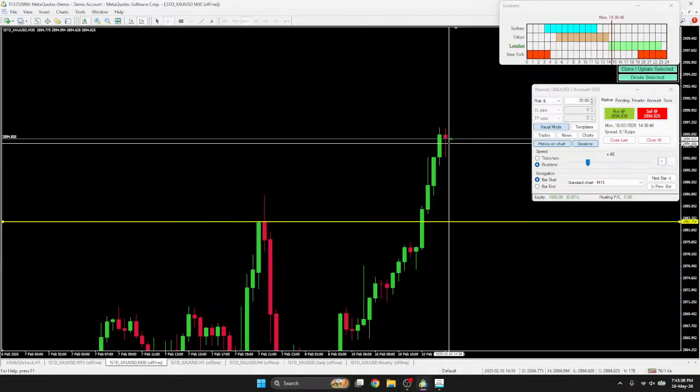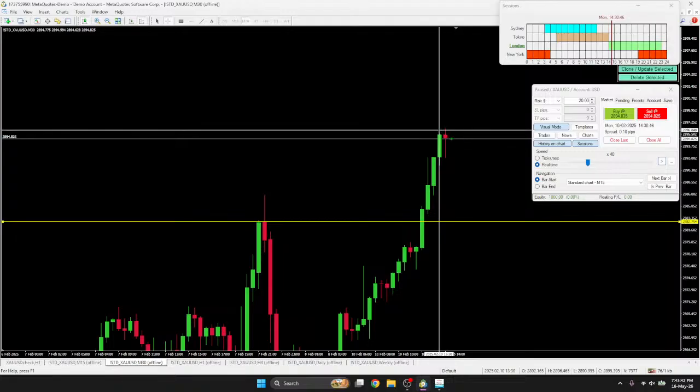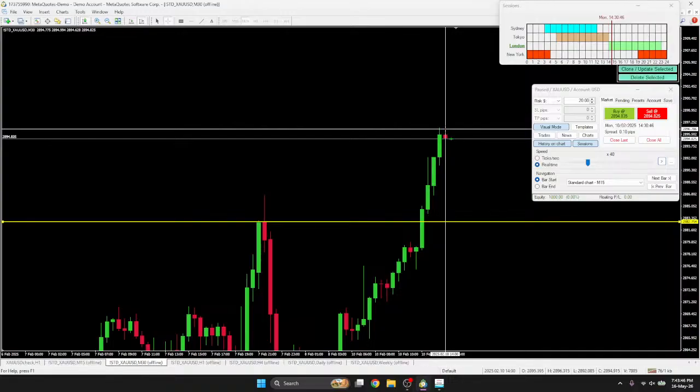So there is high chance if current candle create a lower wick and break all of the high, there is high chance the next target will be 2896. There is high chance that next candle will push towards the 2900 level.